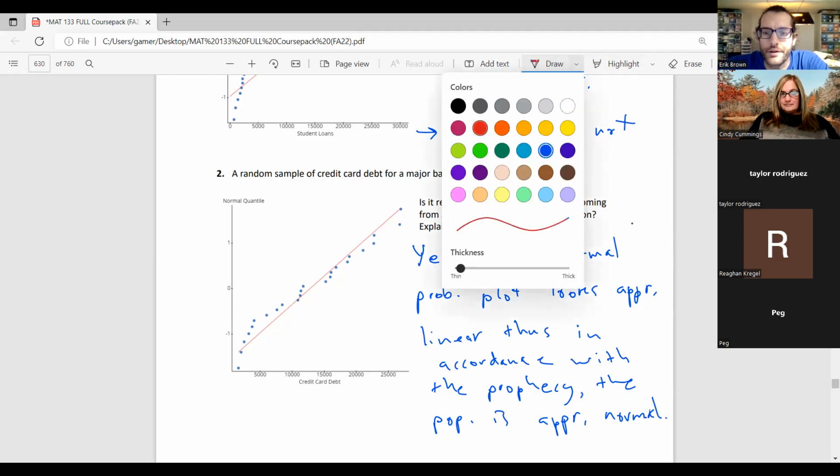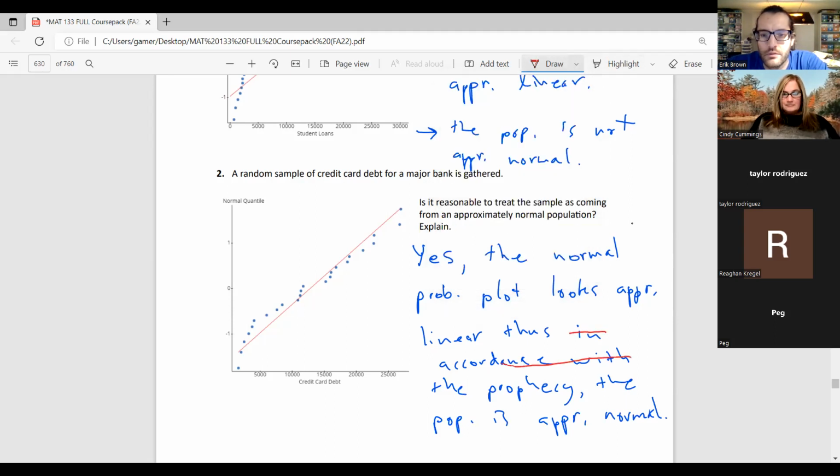I mean, don't actually write this. There was no prophecy that credit card debt is approximately normal as a population. Prove it to me.